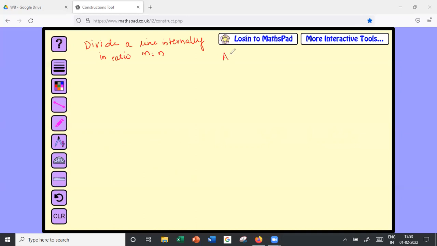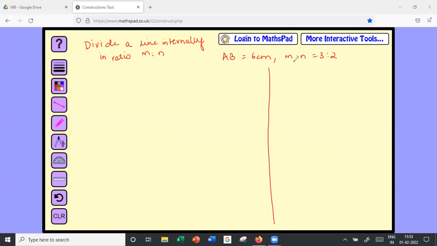Our line segment is AB, which is 6 centimeters, and the ratio M to N is 3:2. Exact same question, just the other method. This time make sure you have some space both on top of your line and below it, because you will be using both sides to draw something.